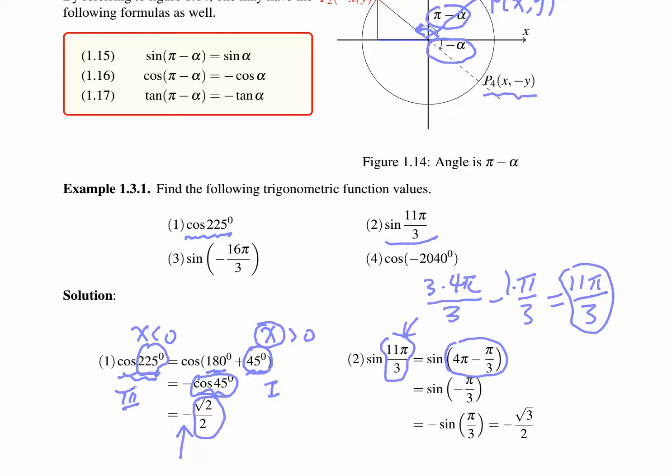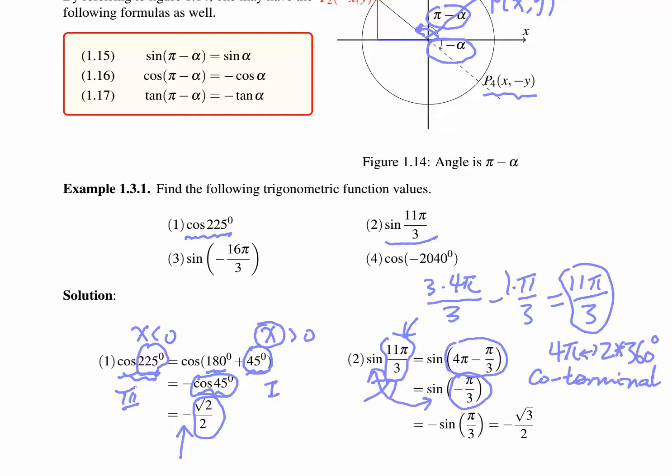Now, since 4 pi corresponds to 2 times 360 degrees, negative pi over 3 and 11 pi over 3 are co-terminal angles. And then they will have the same trigonometric function value.